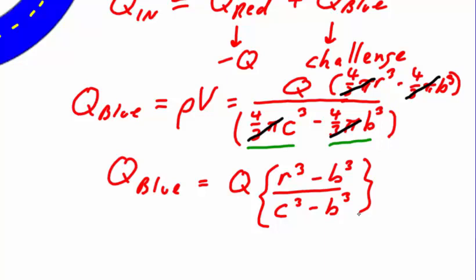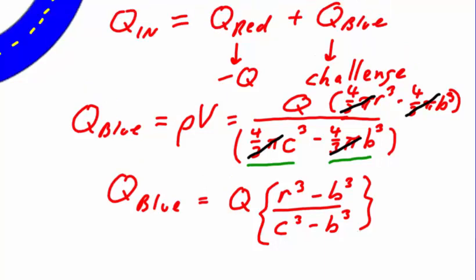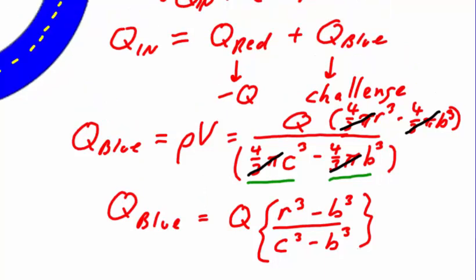Whenever you do a calculation that is this involved as we just did for Q blue, it's a good idea to go back and see if it makes sense by plugging in two extreme limits. Suppose the r, back in the figure, were equal to b. In this case, none of the blue charge would be contained, and our expression would have b cubed minus b cubed in the numerator.